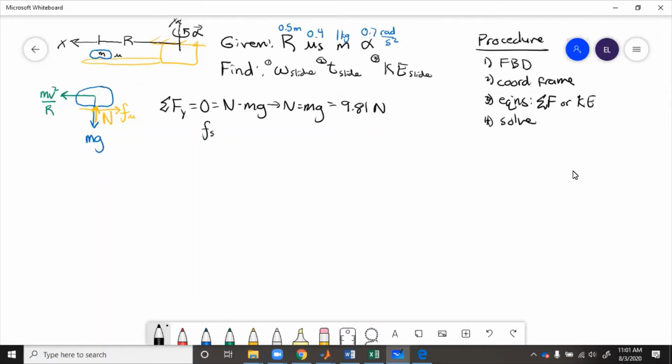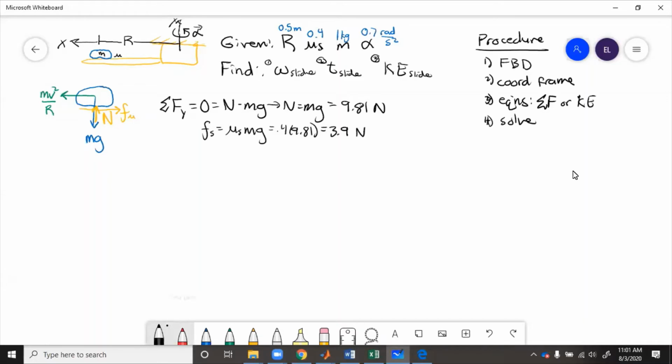So static friction equals mu times m times g equals 0.4 times 9.81, which equals 3.9 newtons.